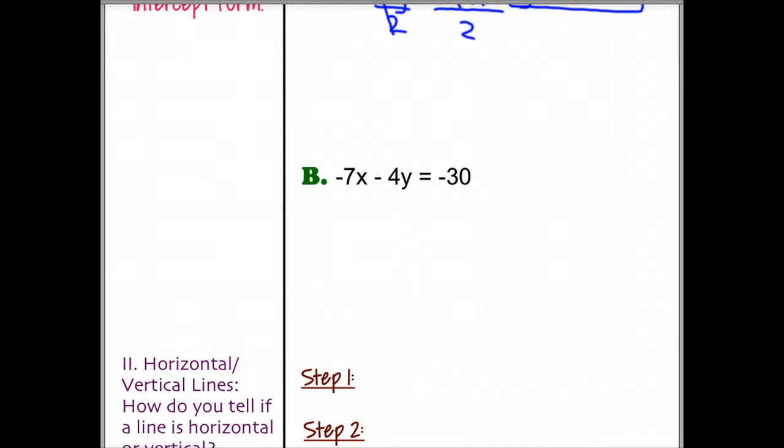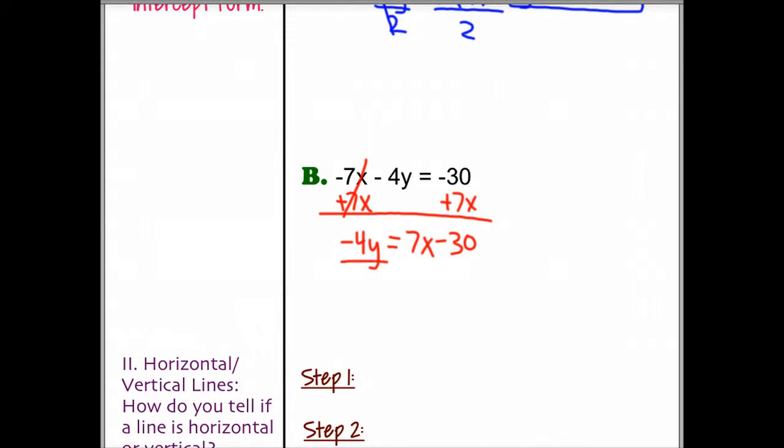Let's try another one just like that. We want to get y by itself, so we add 7x to both sides. So we have negative 4y, because these cancel, equals 7x minus 30.